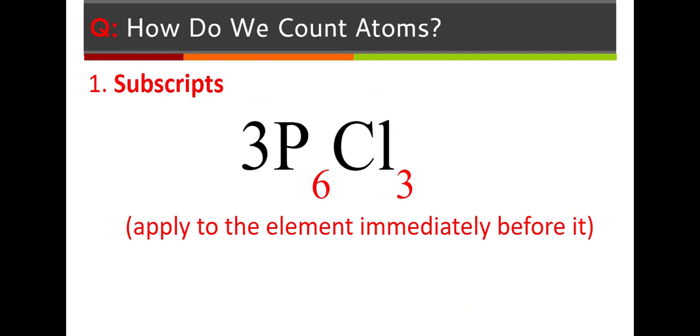First thing I have to recognize is that we use something called subscripts. We've talked about subscripts a lot. You've already seen them. They are the small numbers that are in subscript behind your element symbols, your chemical symbols. Subscripts apply to the element directly before it.